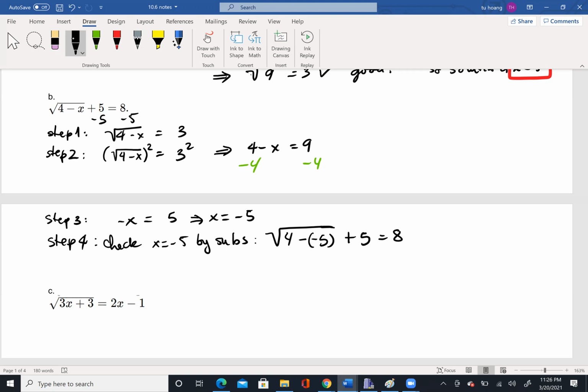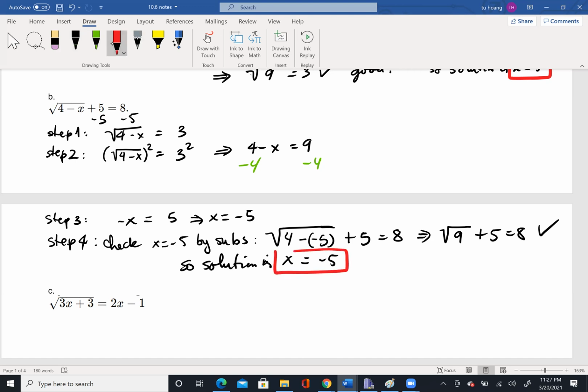So I have the square root of 9 plus 5 equal to 8, and that is a true statement. So the solution is x equal to negative 5, and I'm just going to circle the answer.